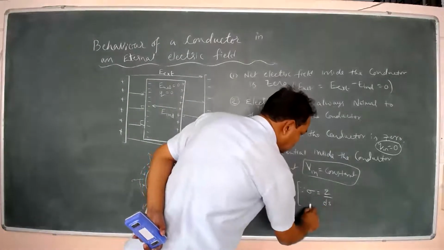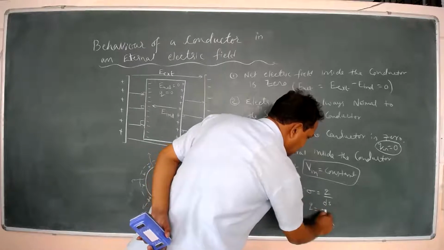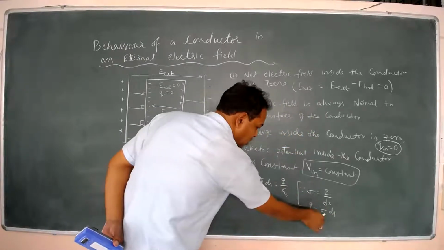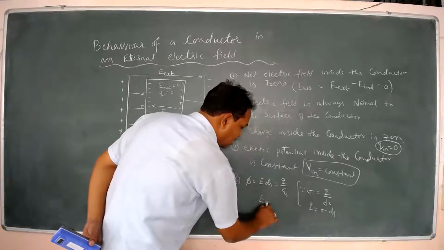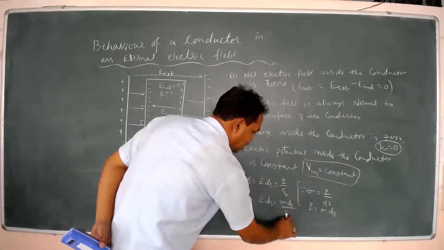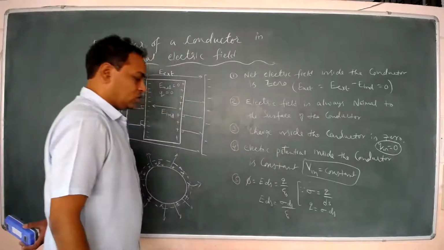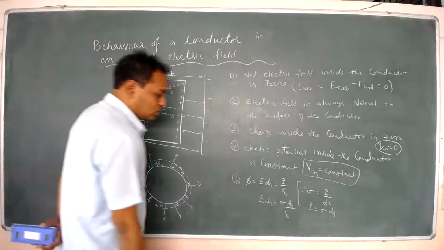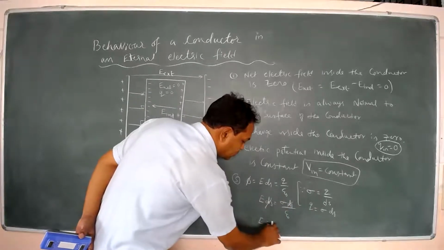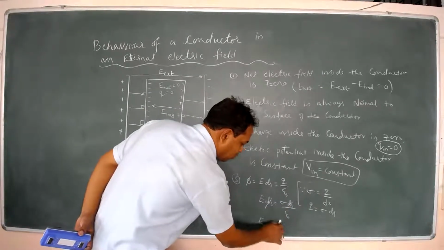Therefore, charge is equal to sigma into ds. Instead of this charge I will place it here. Therefore, E ds is equal to sigma ds by epsilon naught. Here ds will get cancelled. Therefore, E is equal to sigma by epsilon naught.